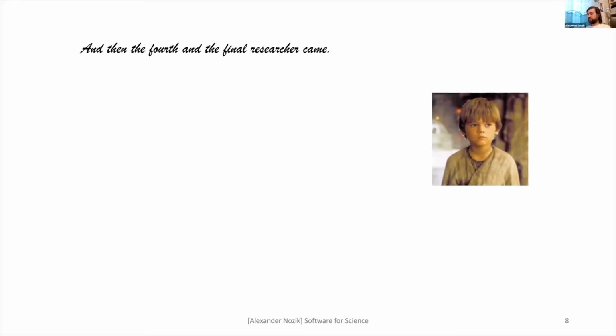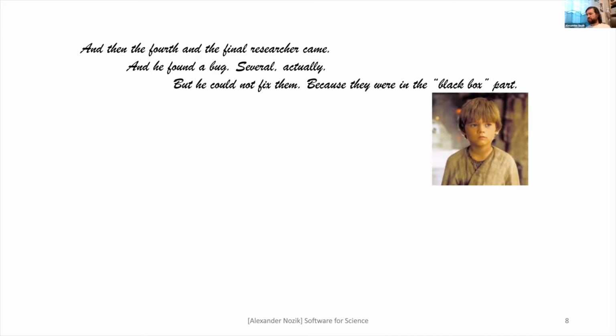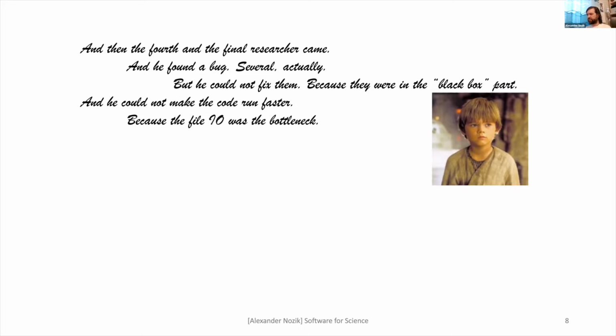And then the fourth and final researcher came, and he found a bug in the logic, several actually. But he could not fix them because those bugs were inside the black box part, and he could not understand how it worked because it was unreadable and unmodifiable. And if he tried to modify it, it would break.